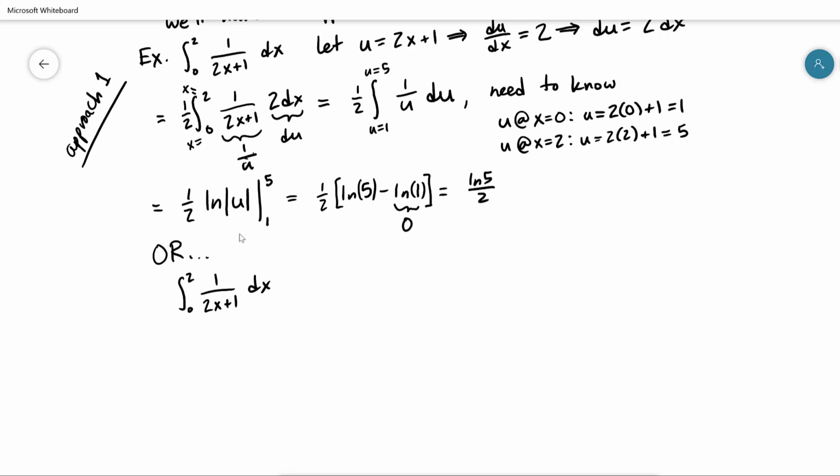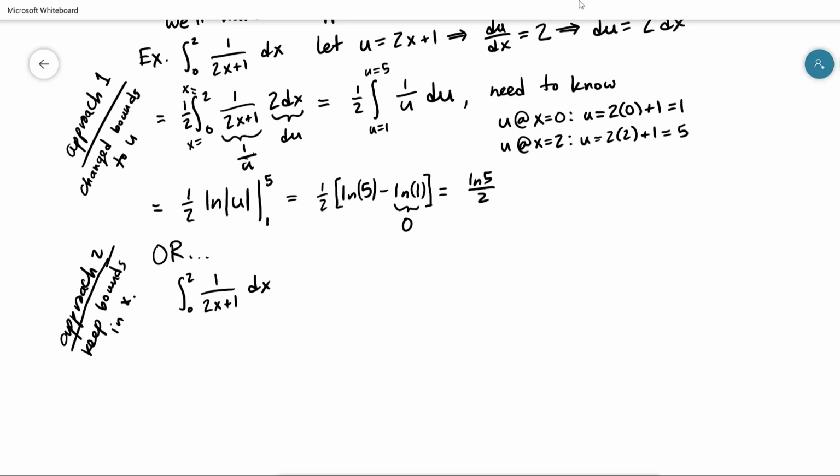I can still use the 0 and the 2. So in this case, we changed bounds to be in terms of u. Here, in my approach 2, I'm going to keep the bounds in terms of x.